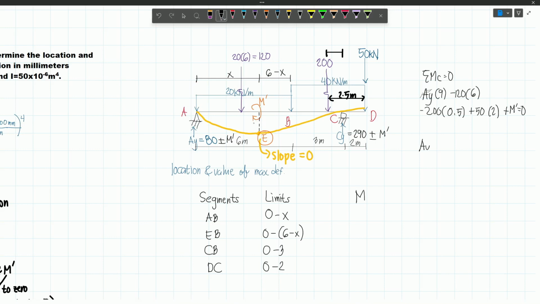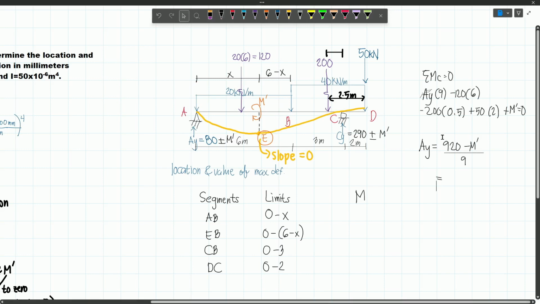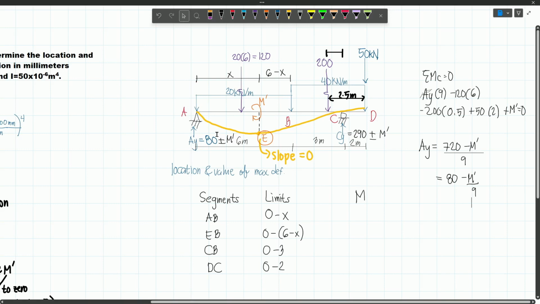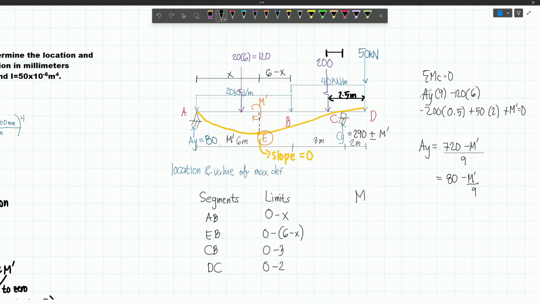So our Ay will be 920 minus M prime divided by 9, which will become, this is 720. So 720 over 9 will be 80, and then minus M prime divided by 9. And so this will be negative M prime over 9, and then this will be plus M prime divided by 9. Now you will be able to get this if you sum up forces vertical.